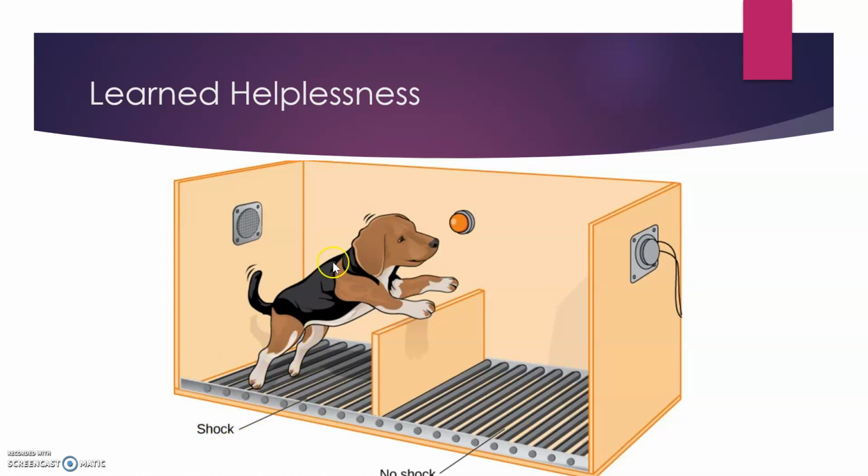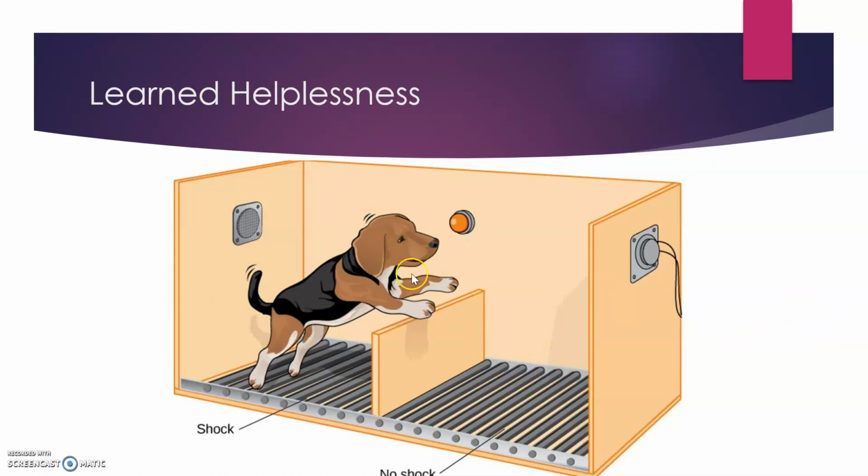And this time, the dog realized that he cannot jump over to this side of the box, and what he can do is to suffer from this shock. And for the third time, even though the researcher completely removed this hurdle, the dog experienced some learned helplessness. He didn't even give it a try to jump over to this part of this box.